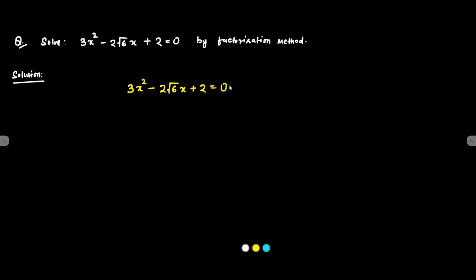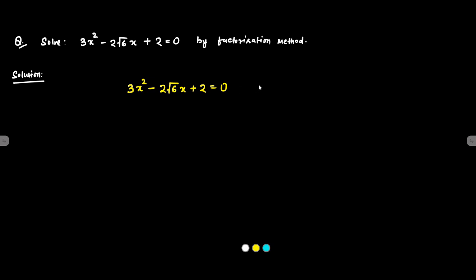Now this quadratic equation is a bit different from the quadratic equations involving square root terms that we have solved. Here the square root is present in the middle term, okay, and the extreme terms a and c have no square root terms. So it's a bit different, so let us see how we can solve it.